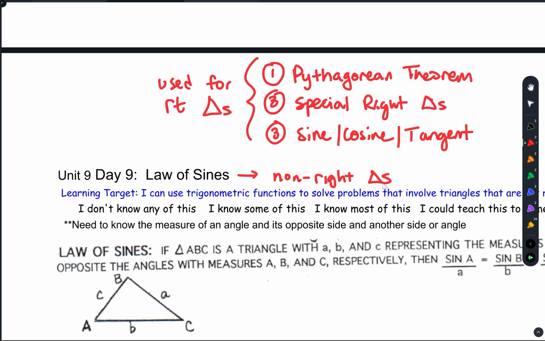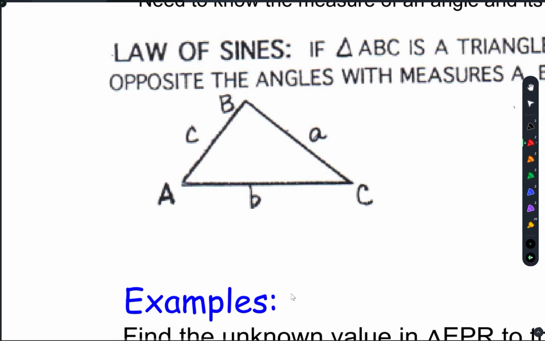Okay, so basically what the law of sines is, it's a fancy proportion. We know proportions, right? It's a fraction equals another fraction. In the law of sines, we have 3 sides, 3 angles in every triangle. We are going to line up a side angle pair that is opposite one another. So for example, capital letters refer to angles, so this is angle A over here.